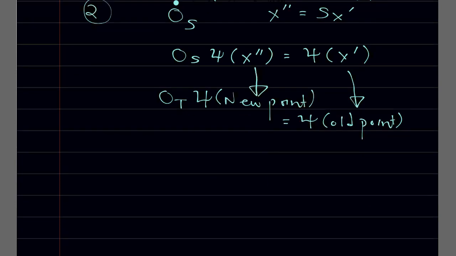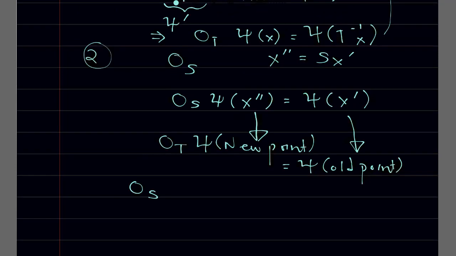So if you look at OS carefully, I can do the following thing. Let me do one thing. Let this be prime and this be double prime, because we went from psi to psi prime, and now we are going from psi prime to psi double prime.